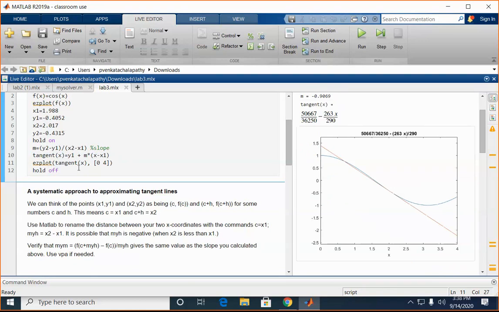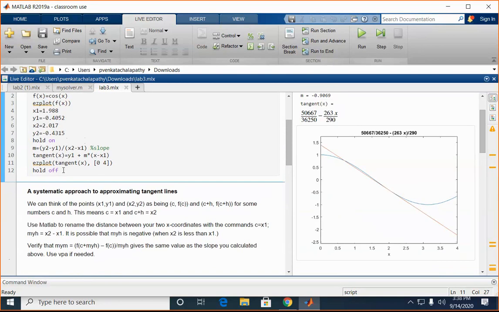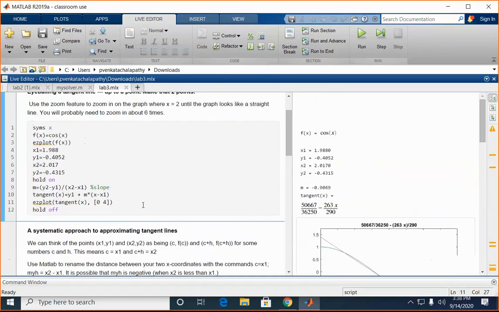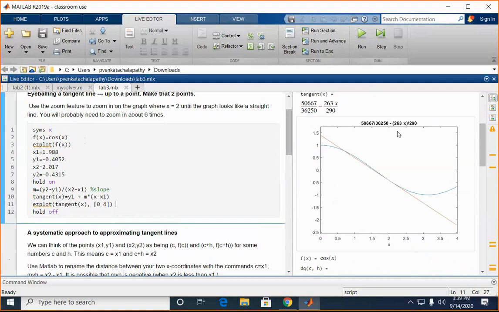After that, you are going to plot the tangent for the given interval. In your question, this interval will be mentioned. If not, you can take some intervals. And then just hold off. After that, run. Once you do that, you will definitely find this figure.